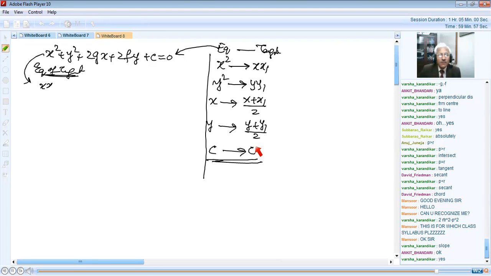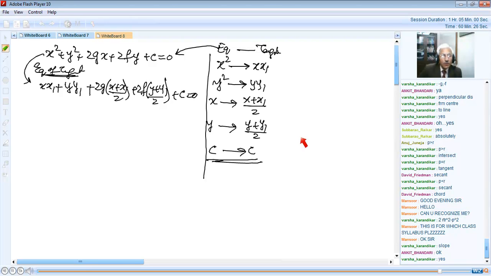X square becomes xx1. Y square becomes yy1, and 2g into x becomes x plus x1 by 2. 2f y becomes y plus y1 by 2, and constant remains same.